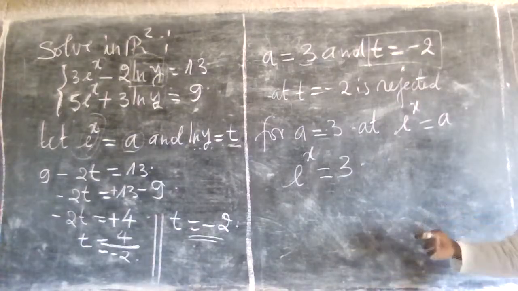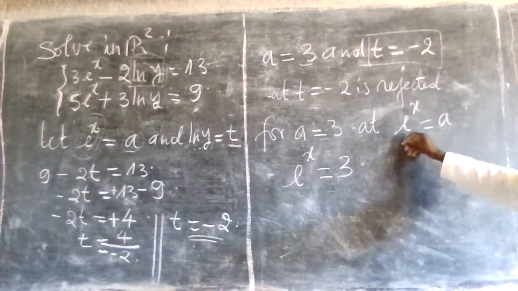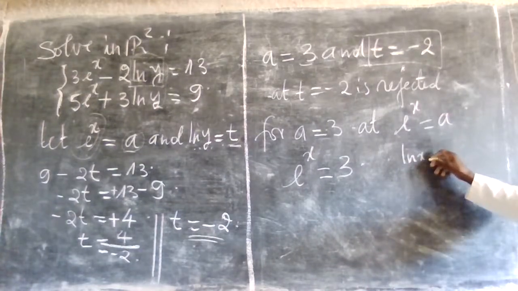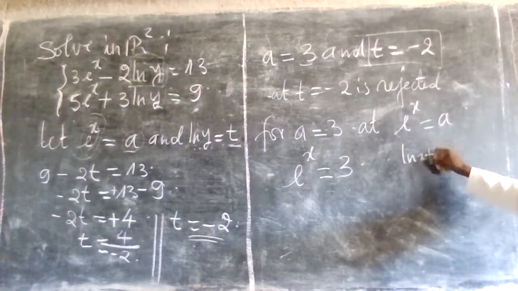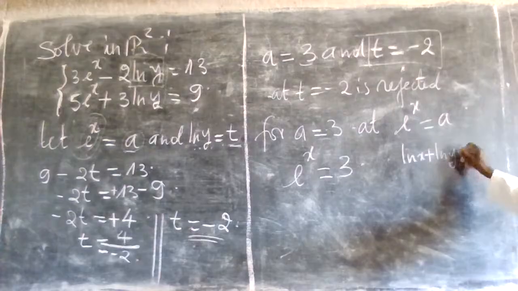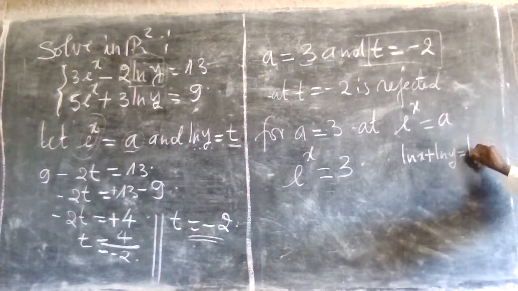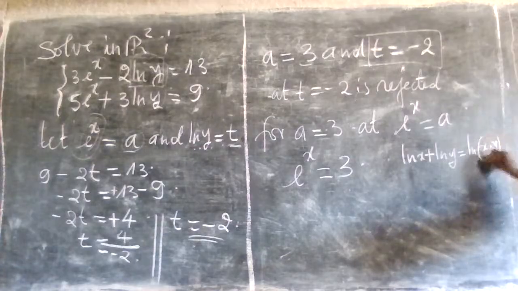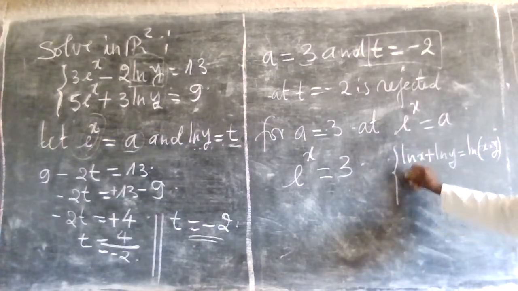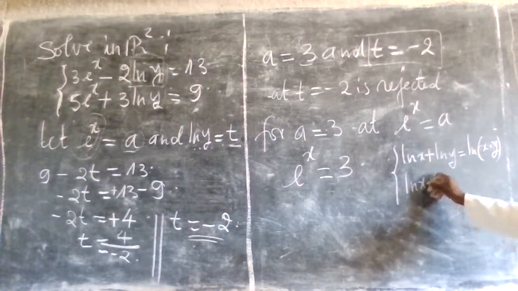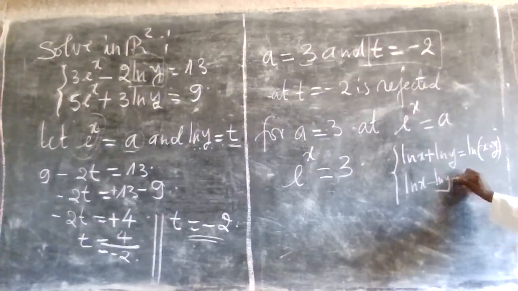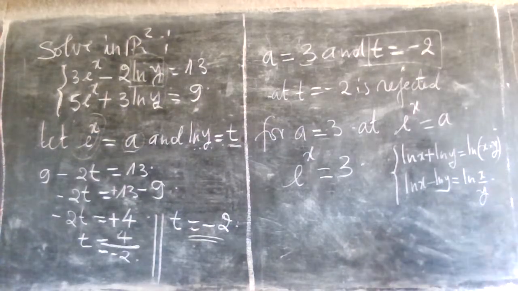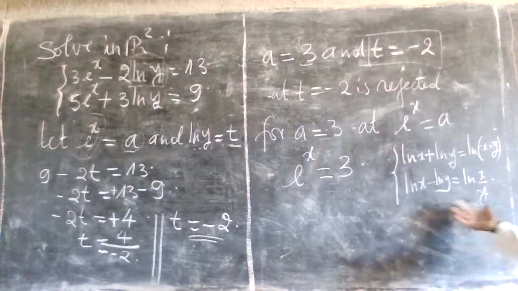If you have, for example, ln of x plus ln of y, this will be equal to ln of x times y. If you also have ln of x minus ln of y, it will be equal to ln of x over y. Yes?